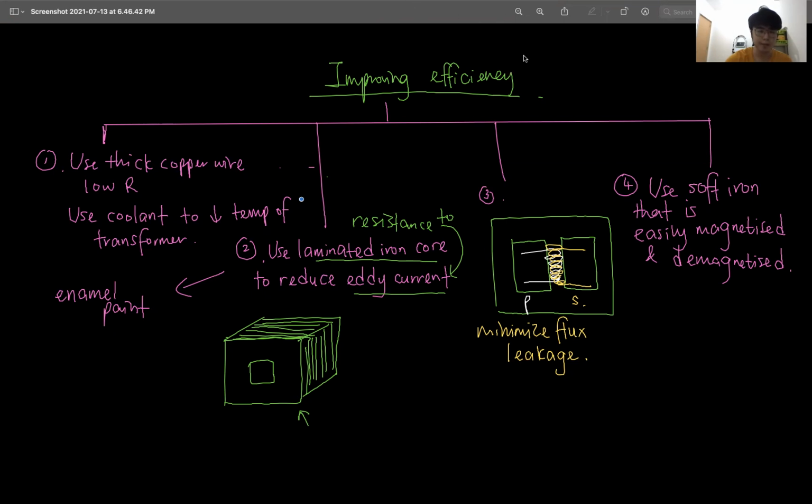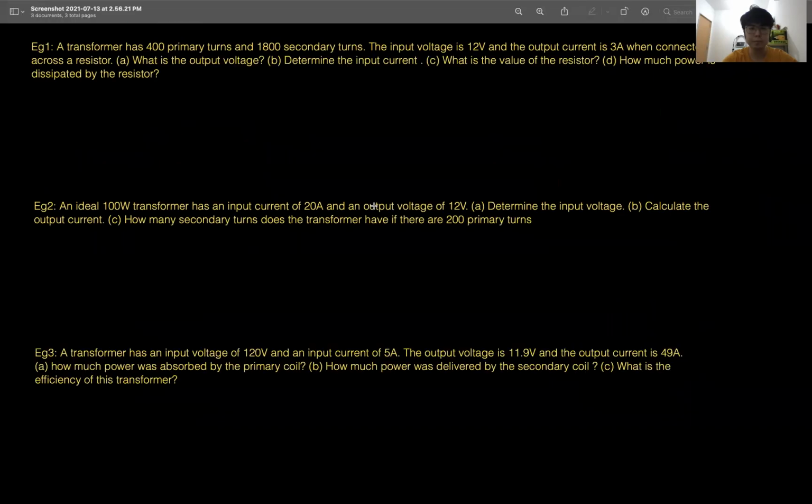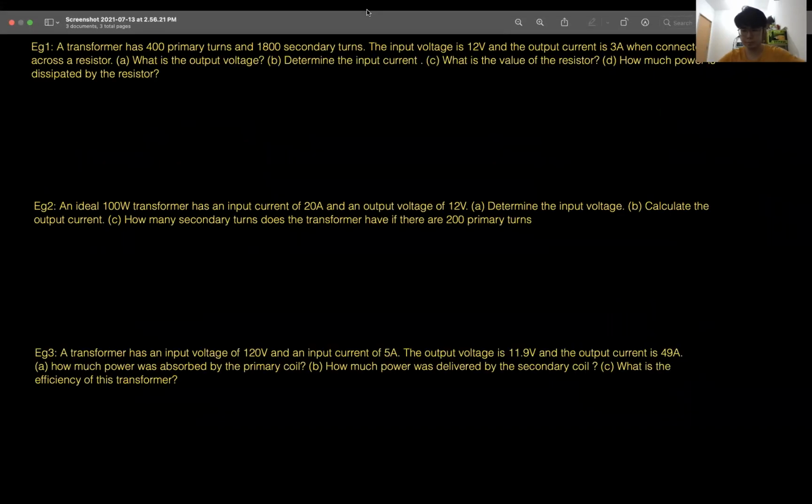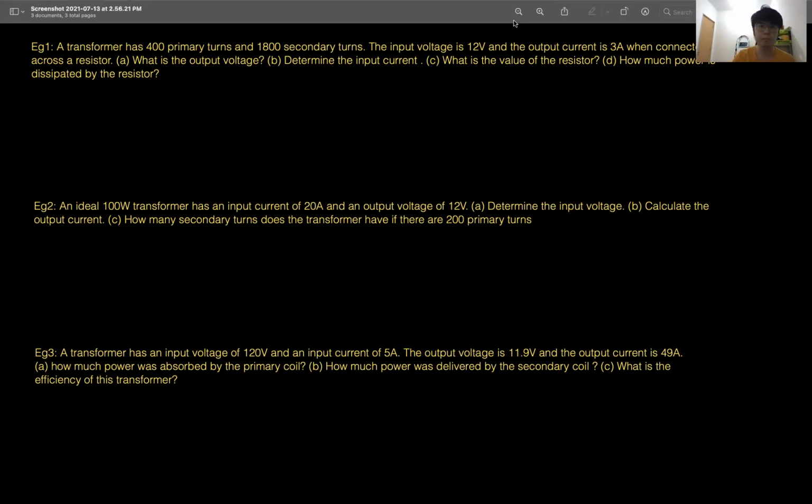All right, let's look at a few examples. A transformer has 400 primary turns and 1,800 secondary.